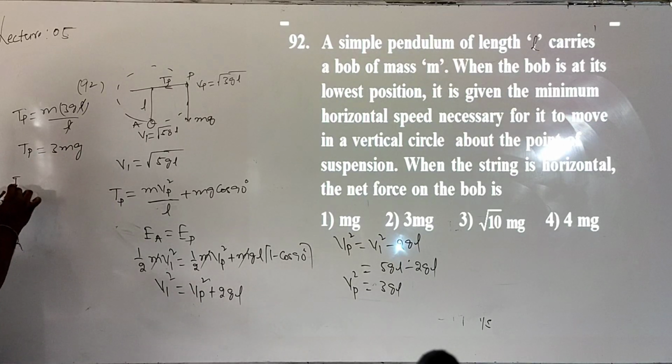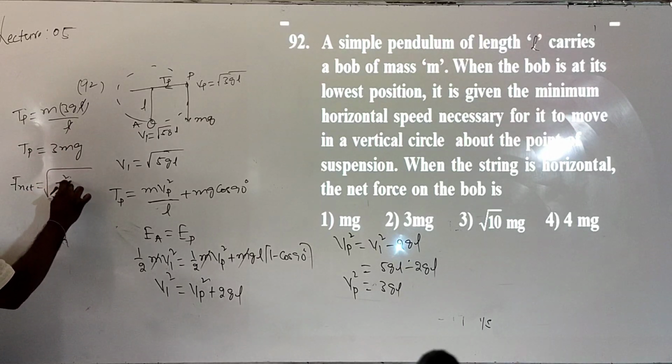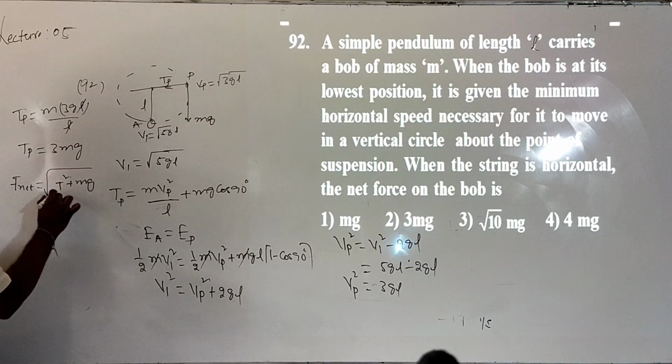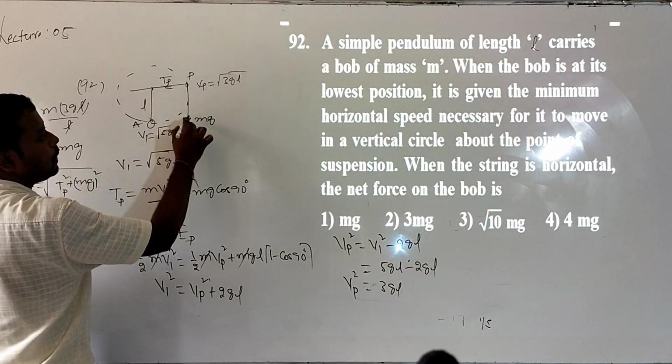What is the net force acting at point P? F net is equal to root over Tp square plus mg whole square, because these two are perpendicular.